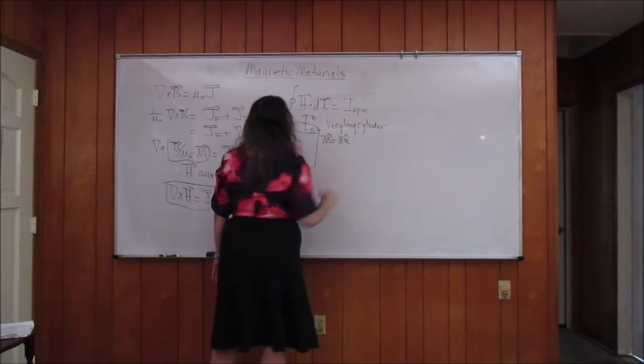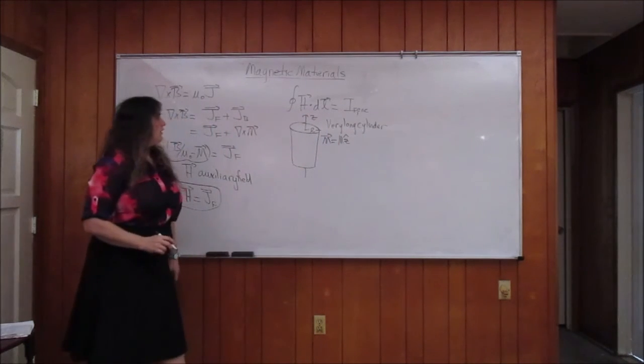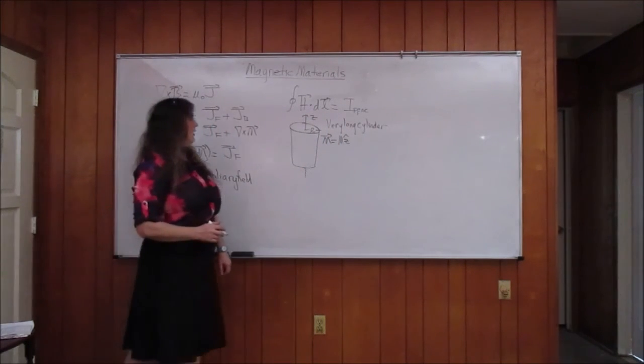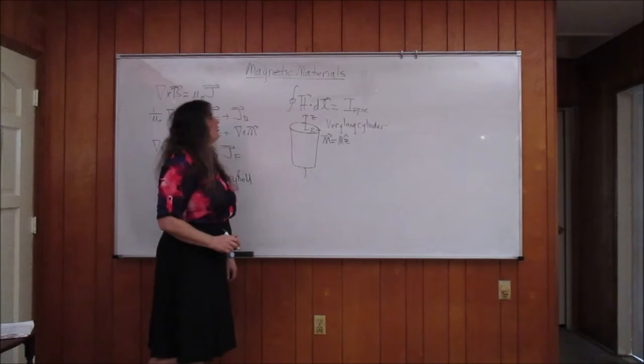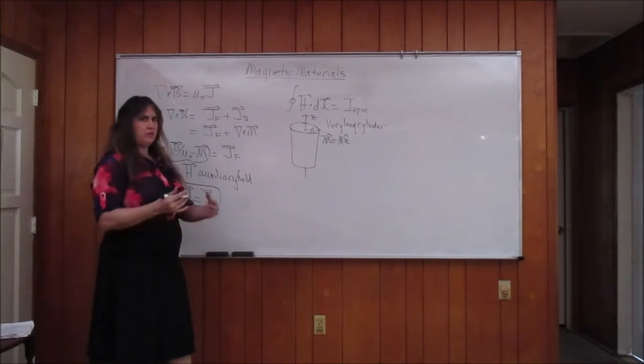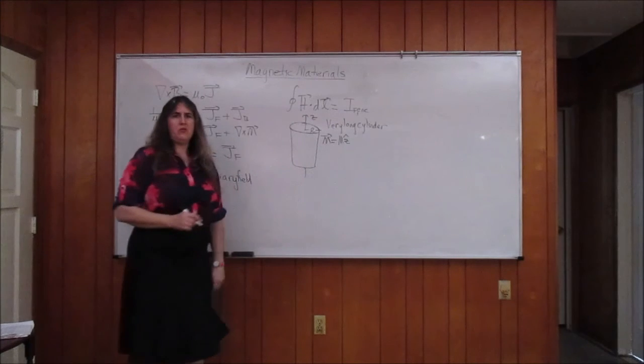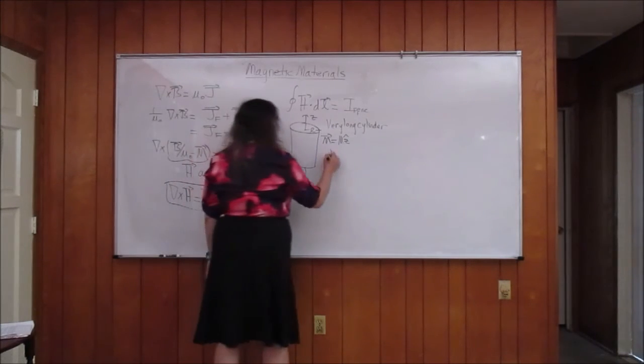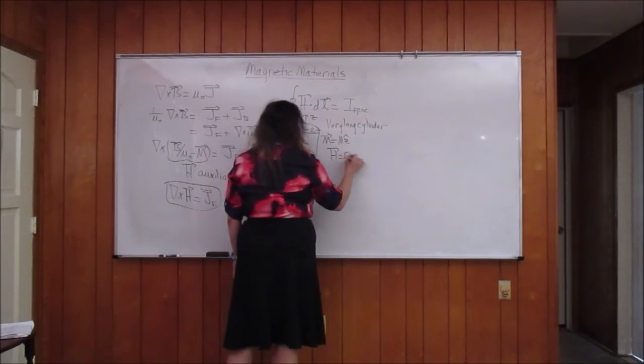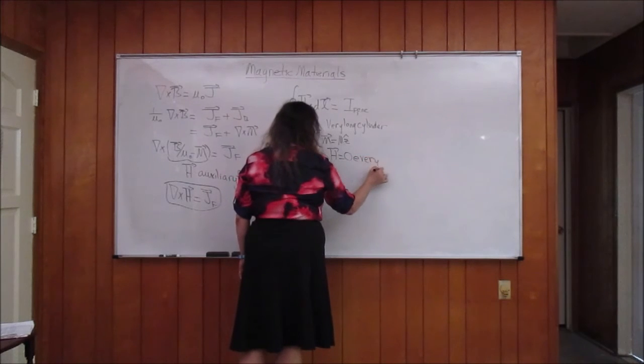So Ampere's law for magnetic materials tells me that the line integral of H around a closed path is equal to the total amount of free enclosed current. There is no free enclosed current. So H equals 0 everywhere.